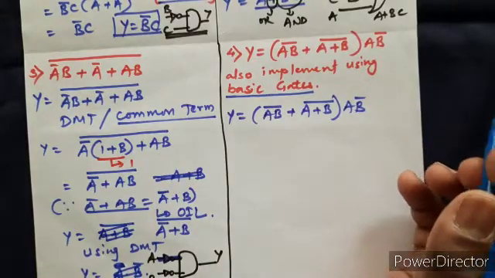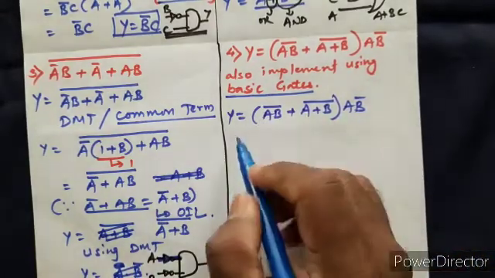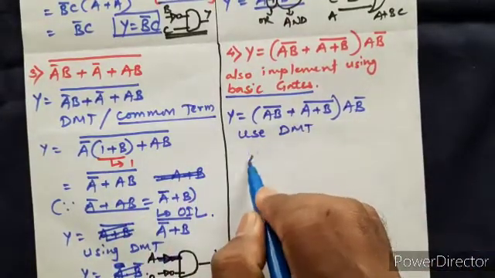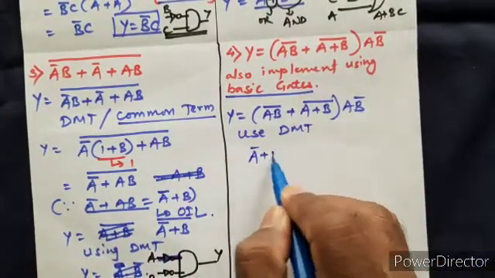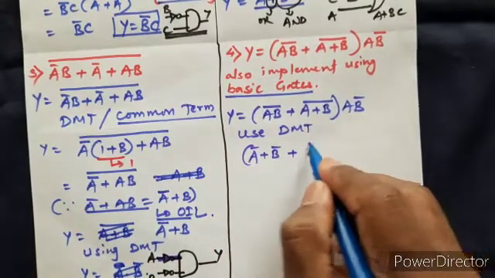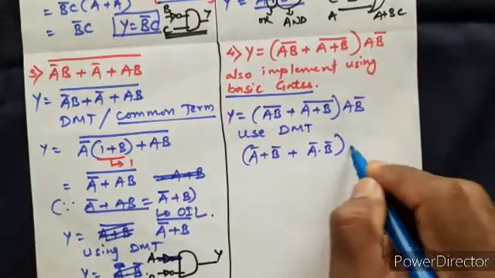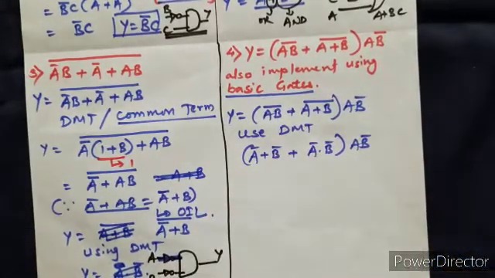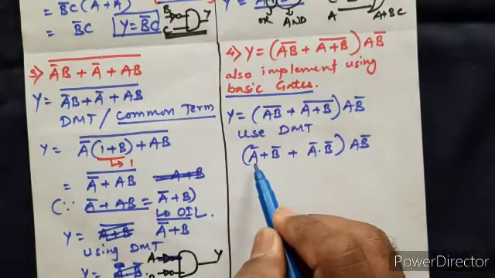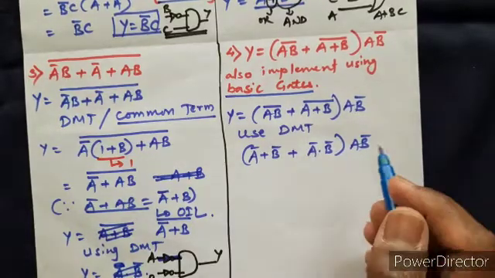Okay, so first I think we need to use De Morgan's theorem. So this becomes A bar plus B bar. Now this plus, as it is, A bar dot B bar, and this is as it is. Okay, so we have 1, 2, 3 terms, right?